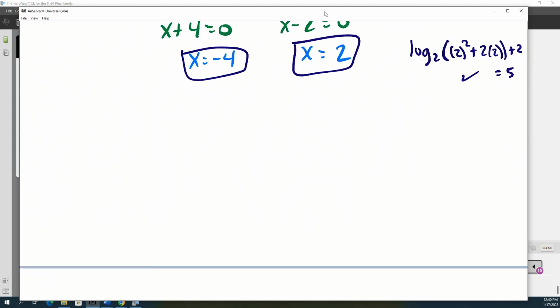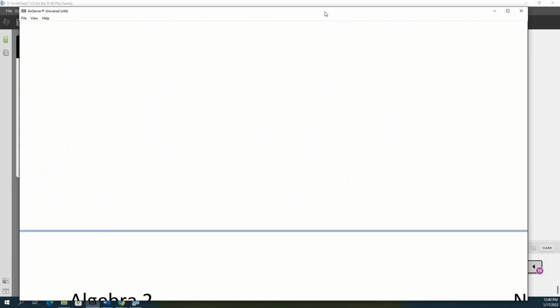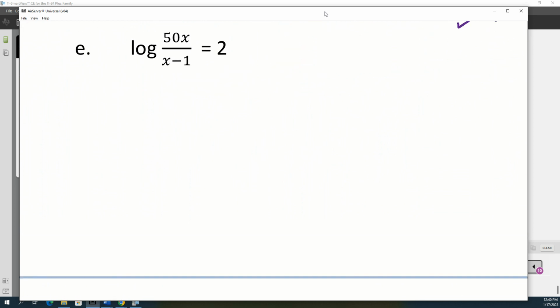Okay, let's do one more. All right, so this one is going to be log equals a number. So we're going to write in exponential form. So what's the base going to be if you don't see it?